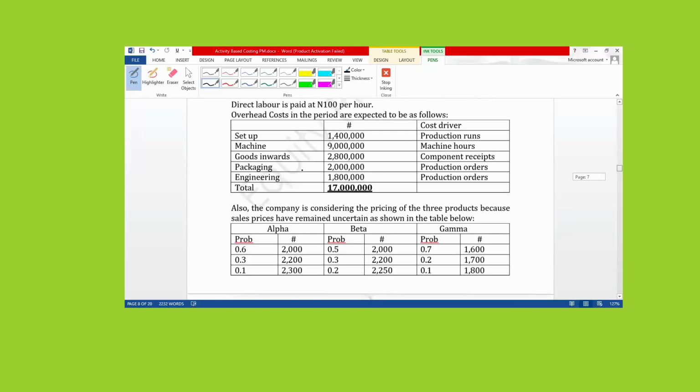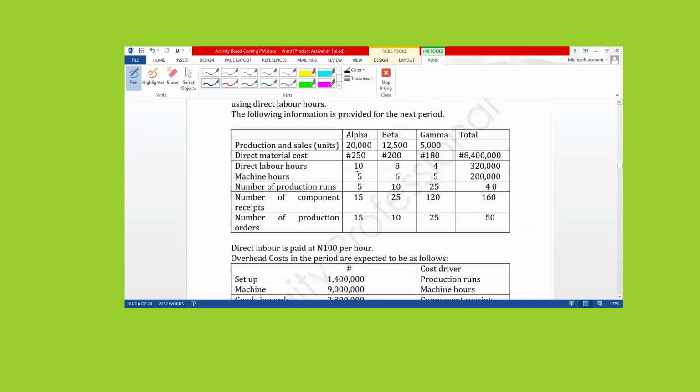We have direct labor hours. 10 hours for alpha. 8 hours for beta. 4 hours for gamma. You are given the labor hours.